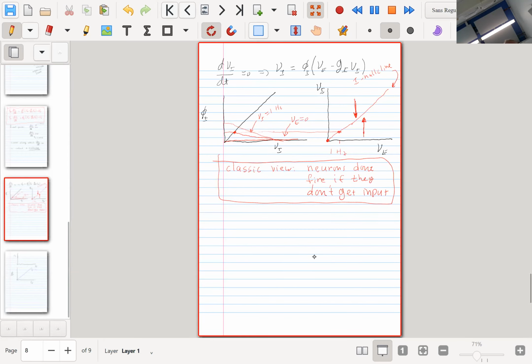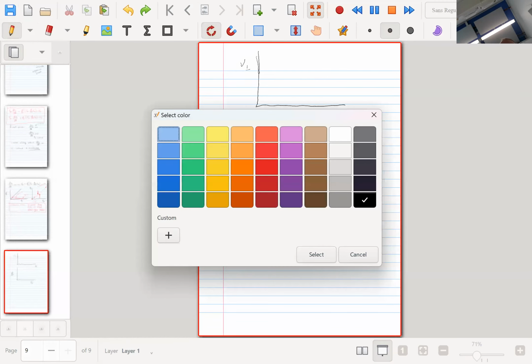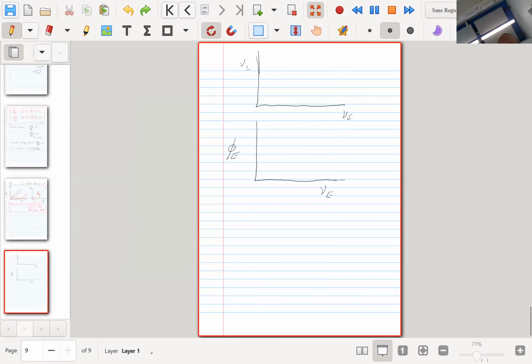Actually, let's go back. System color scheme. Okay. So this is our 45-degree line. And now what we're going to do is plot phi E for different values of nu E, for different values of nu I. So this is nu I equals 0. This is the curve we saw before.